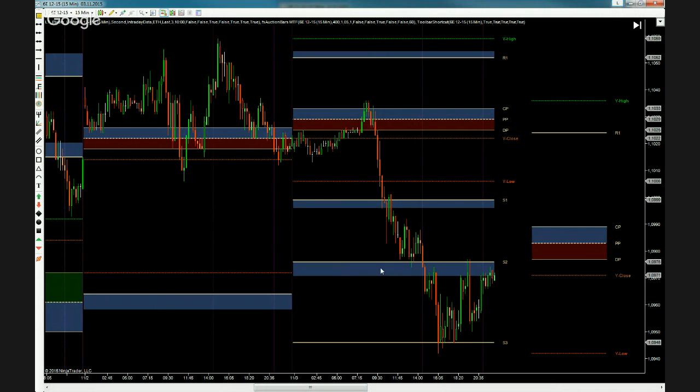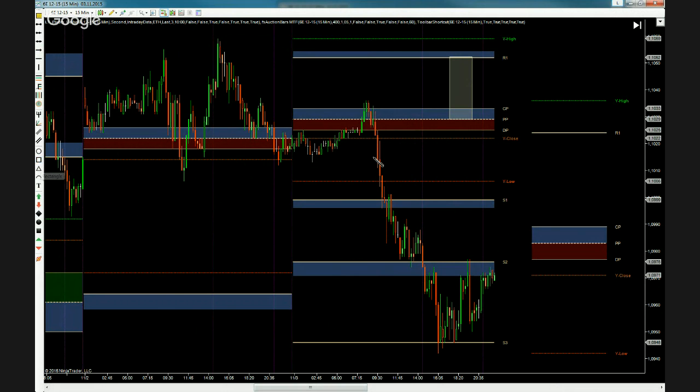Okay, so the other difference between the traditional pivot calculation, which we see here, and the Jackson zones is how we calculate the first support and resistance levels. So to find the first resistance level, you simply take the distance from yesterday's low to today's pivot, and you place it above the pivot, and that's the first resistance level.